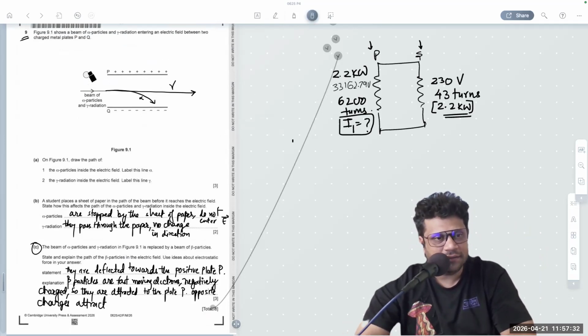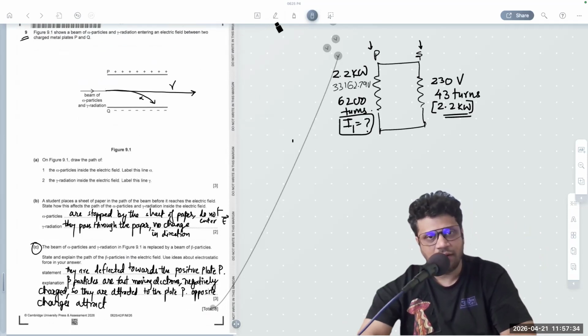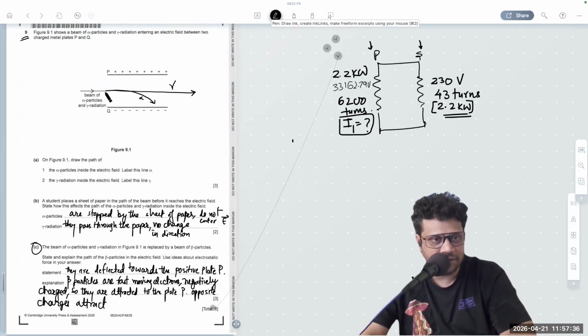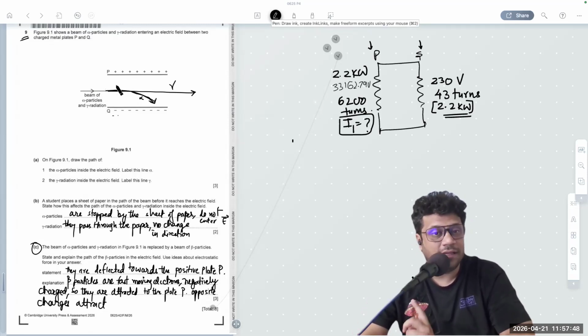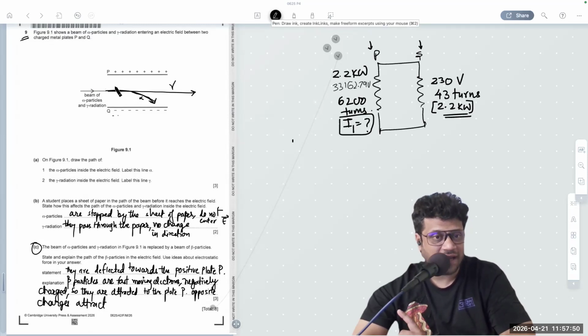The fact is, if alpha deflects this way and finds itself attracted to the negative plate, the beta particle is also going to deflect towards the positive plate, but the angle by which it deflects is going to be far larger compared to that of the alpha particle, and that is the thing I need to mention here.